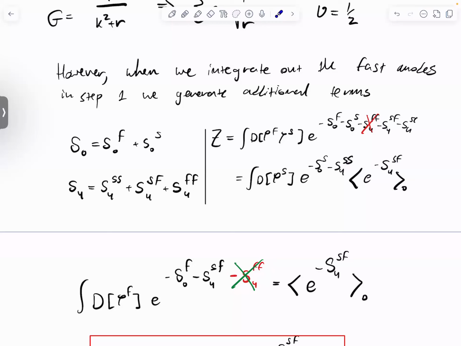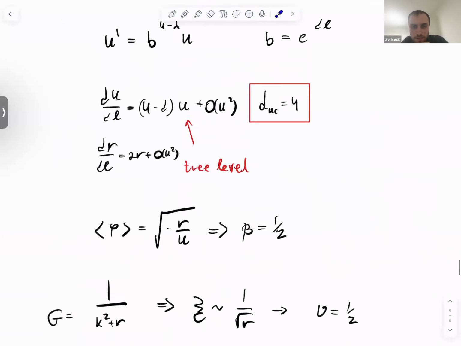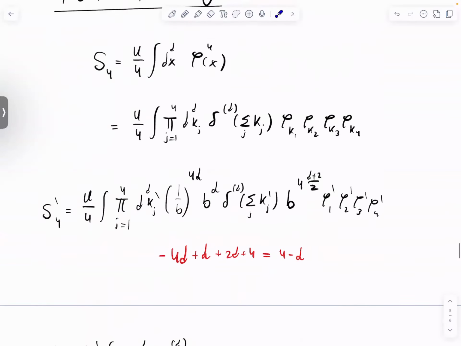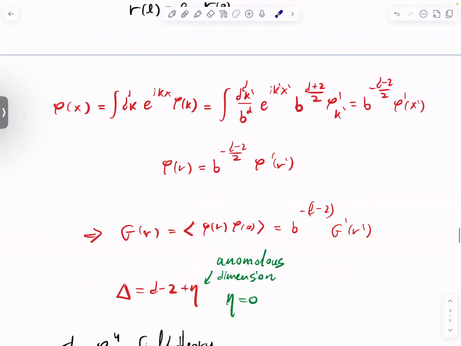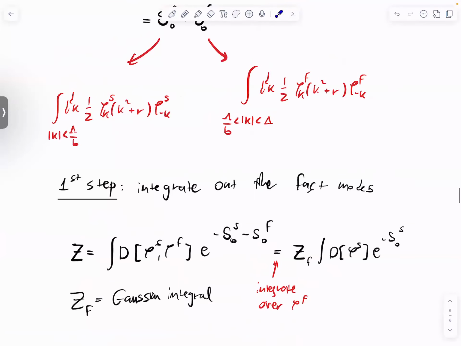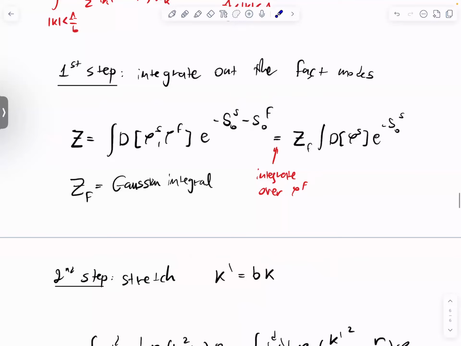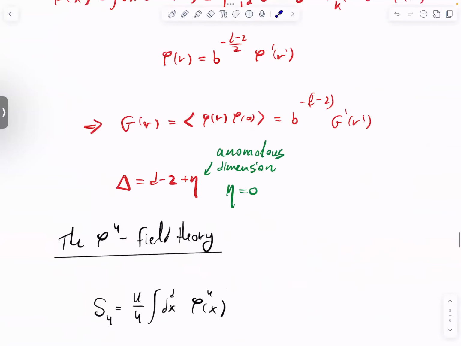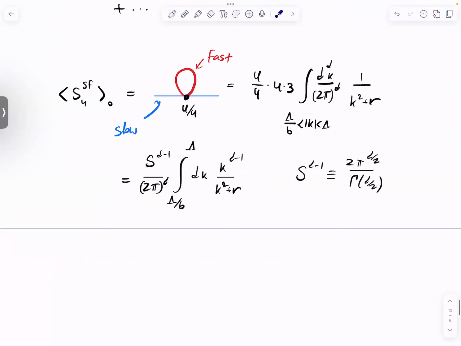This is the philosophy. So this 0 is like 0 fast. Yes, 0 fast. Okay, good. I'm sorry, my notations are not so good, but that's what I meant, also here: integrating only over the fast modes, I never integrate over the slow modes, never.